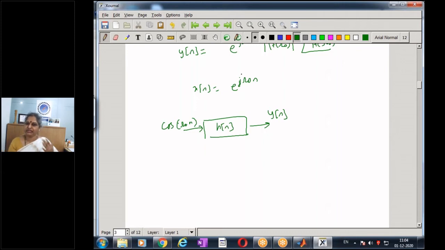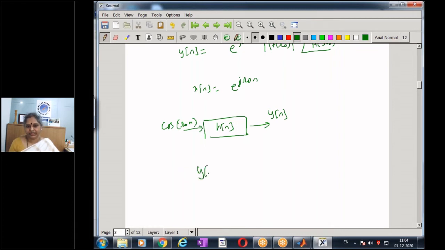Because e power j omega naught n is purely for understanding the system performance, but of physical significance is something that we can really apply to a system, and those signals have to be real. As an extension of e power j omega naught n and e power minus j omega naught n, I get cos omega naught n.